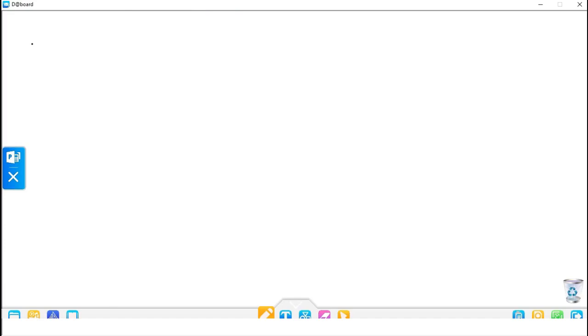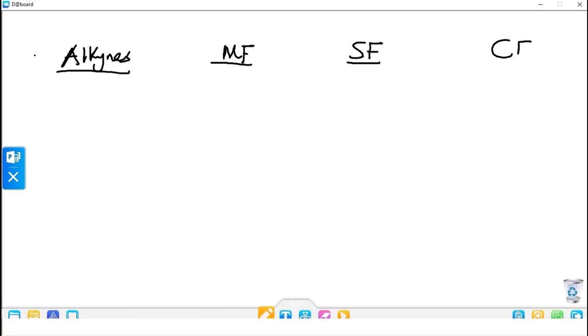So what we are going to simply do is to say this is alkyne. So we have our alkynes, and we have the molecular formula, MF, and this is our structural formula, and we have the condensed formula.